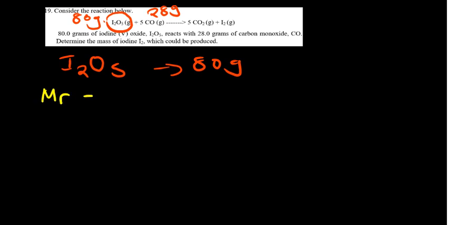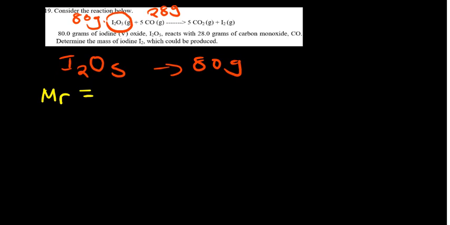So we're trying to find first of all the number of moles by determining what? By determining the molar mass of what we have. So we have I2O5. Of course, we've been given the mass to be 80 grams. So now we need to determine its molar mass, so that we're able to find the number of moles that we have in this case.